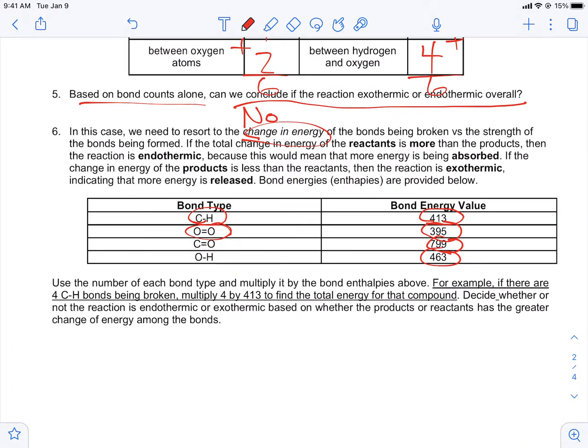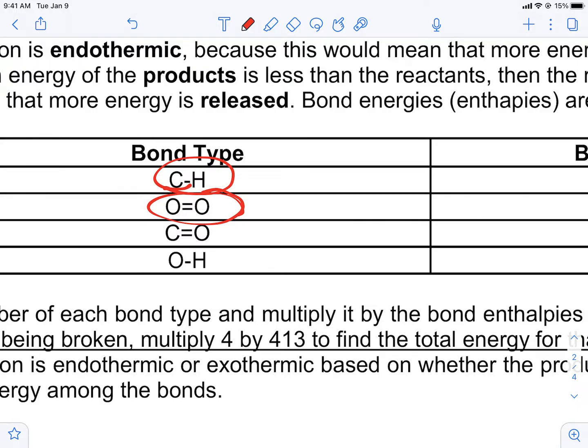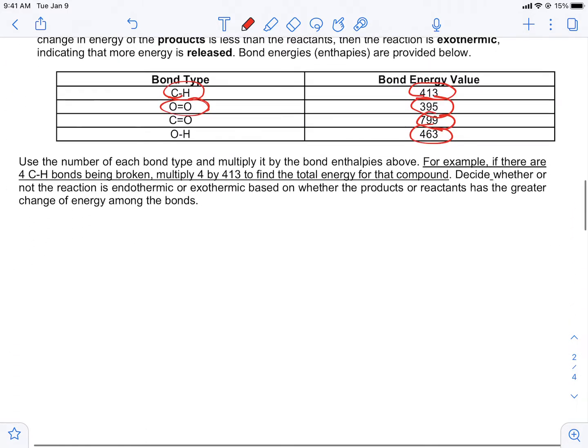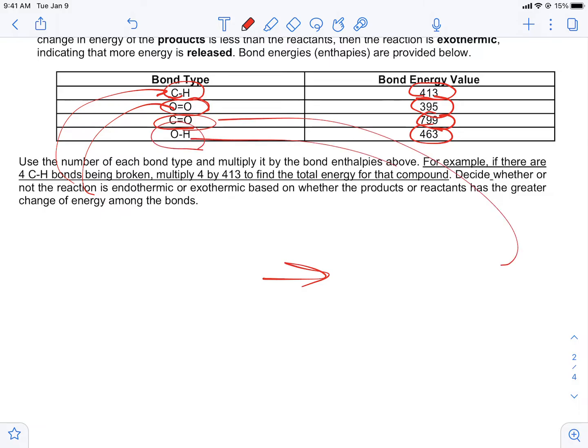First, we need to do some math. So all we got to do is calculate how many CH bonds I have and multiply it by its bond energy value per bond. So I'm going to set up my reaction with an arrow in the middle. I'm going to take care of these two guys on the left side. I'm going to take care of these two guys on the right.